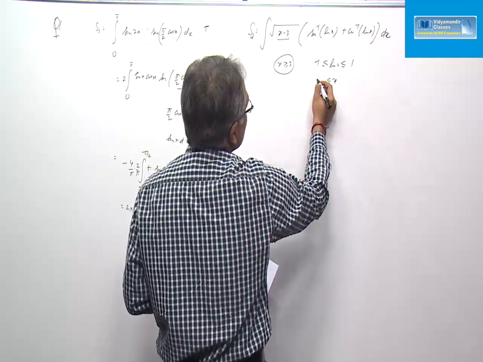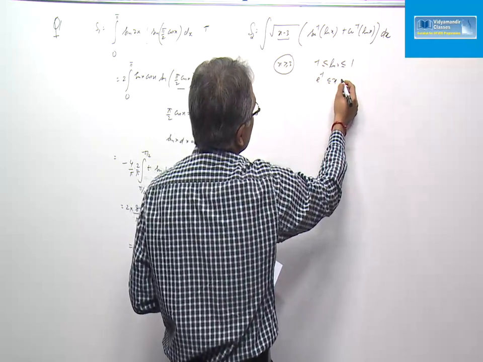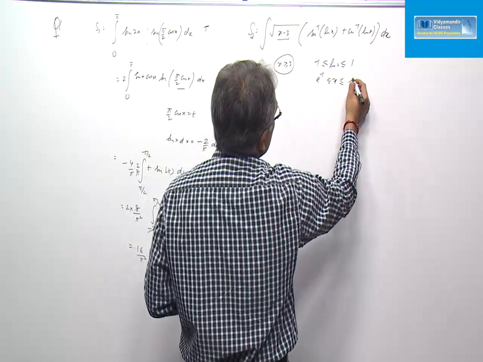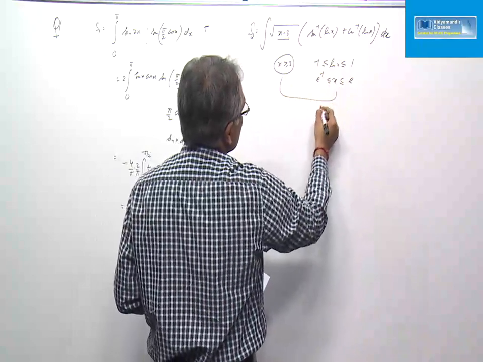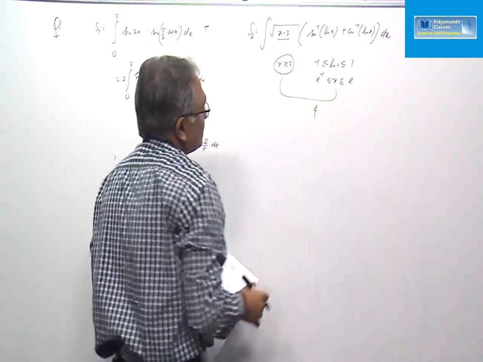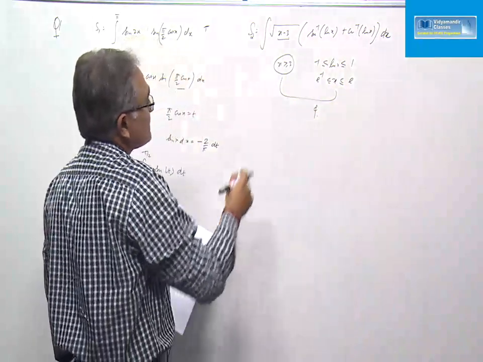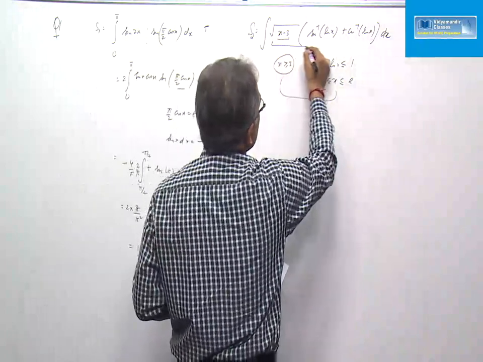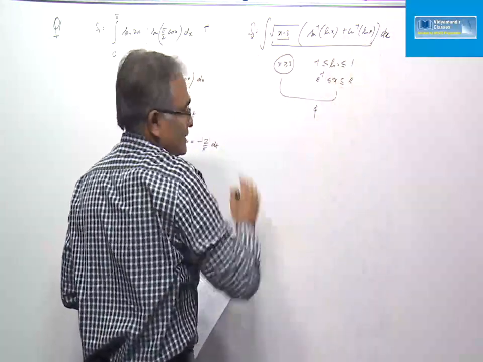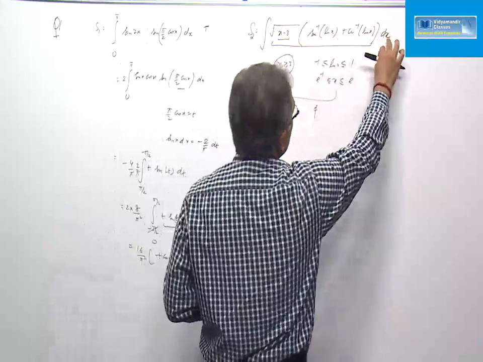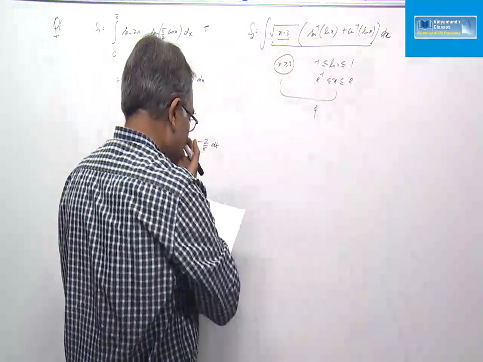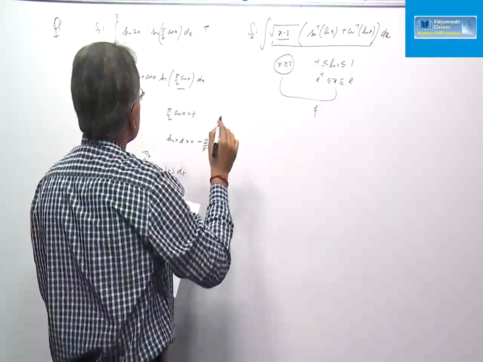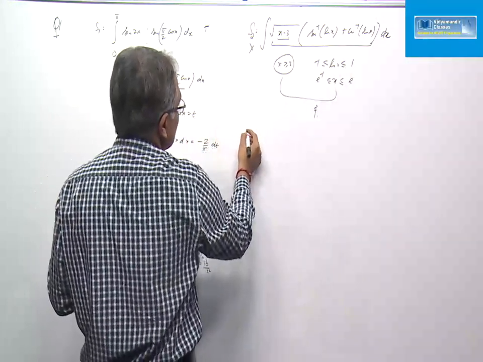Hence x lies in e to the power minus 1 to e to the power 1. That is, these two are contradictory. Hence there is no value of x for which this function is real. Hence this is an unreal function to be integrated with respect to real value. Hence this integral does not exist. Hence S2 is false.